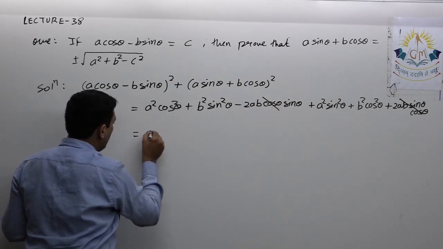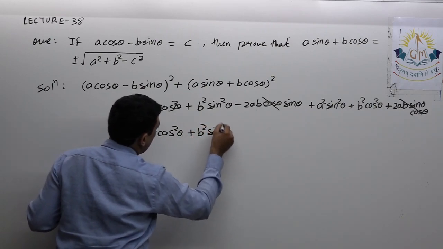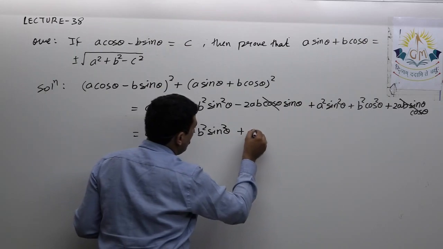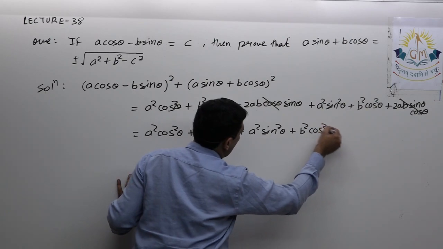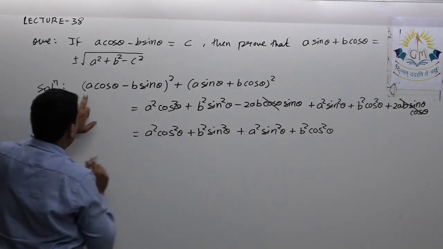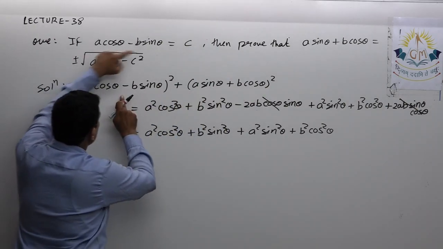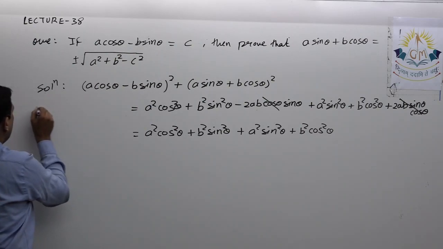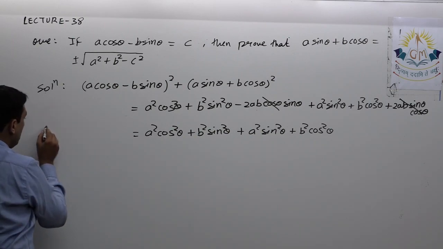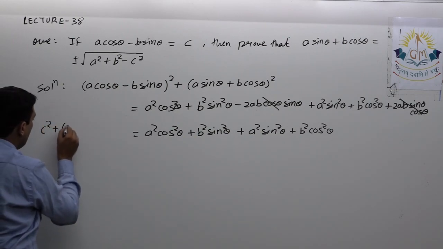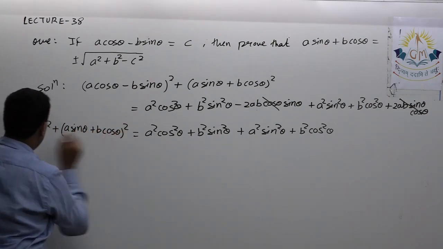So what I will be left with is a square cos square theta plus b square sin square theta plus a square sin square theta plus b square cos square theta. And on the right hand side, see, I have the square of this plus the square of this, and this value is given, a cos theta minus b sin theta. So here I can write, therefore, c square plus a sin theta plus b cos theta whole square.